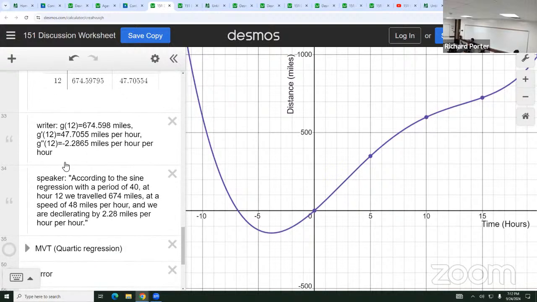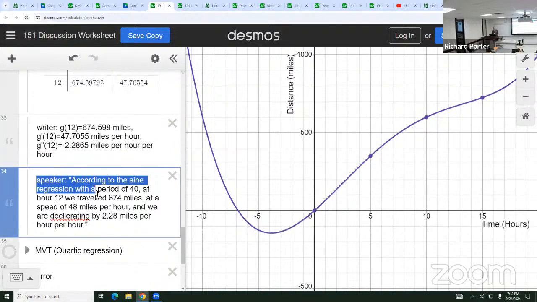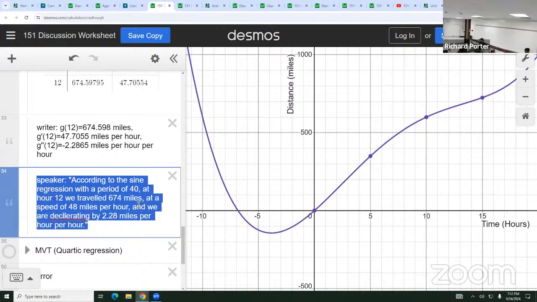The writer is going to write this. And the speaker is going to say this, except they're going to say according to the sine regression with a period of something. You have to say the period because you can adjust the period. You need to say the period. Remember, I said when you say the regression says something, you're not saying it, the regression is saying it. But if you pick a period, you could pick all different periods, so you have to say which one it is.